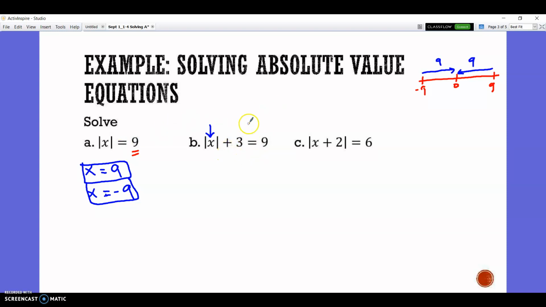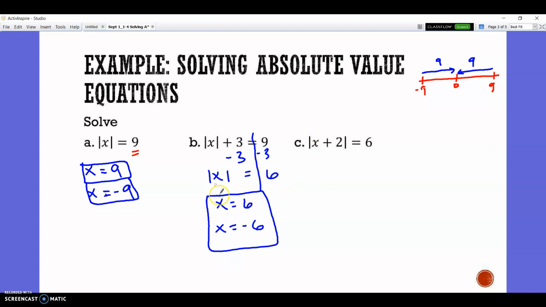So what we really are essentially doing is isolating the absolute value, getting the absolute value alone on this side to figure out what number it needs to be. I would subtract 3 from both sides, and that would make absolute value of x equal 6. And then that means that x could equal 6, or it could equal -6. And there's our 2 solutions.